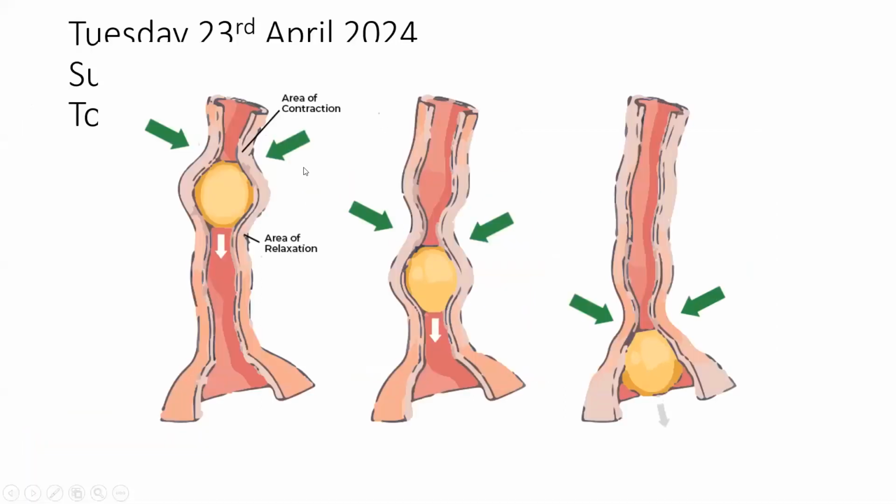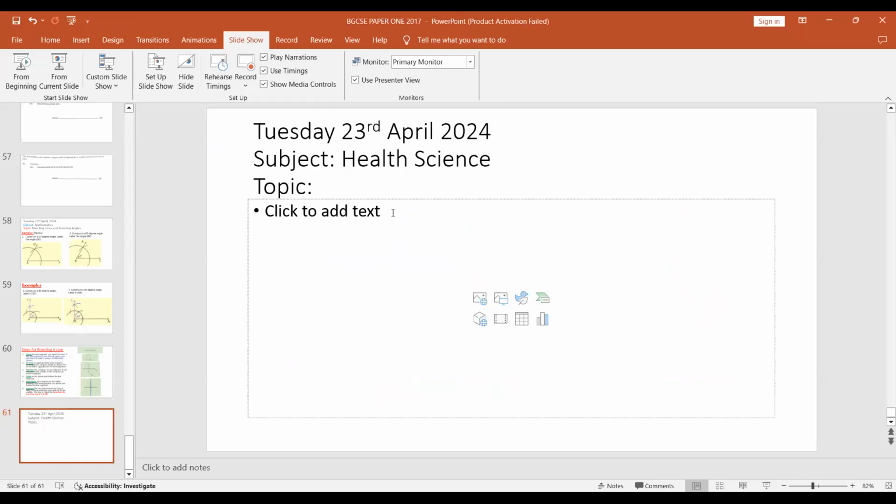Peristalsis. Very good, peristalsis. That's basically when the bolus, or the food, is pressed down into the stomach, right? It goes that way. So okay, good. With that being said, let's move ahead and continue.